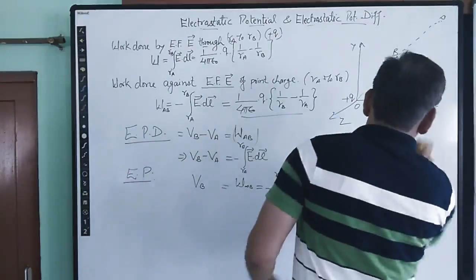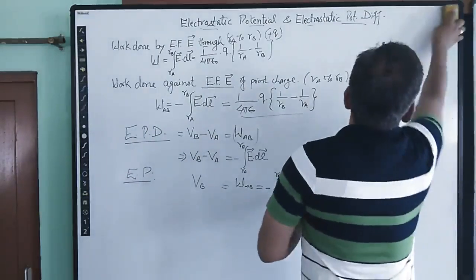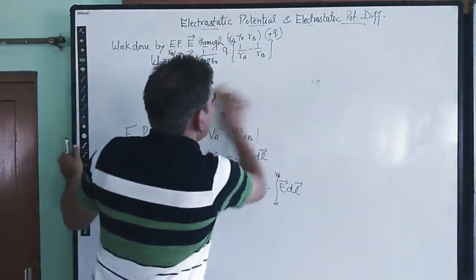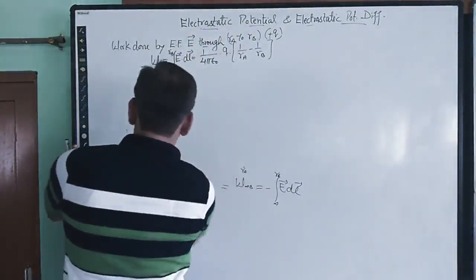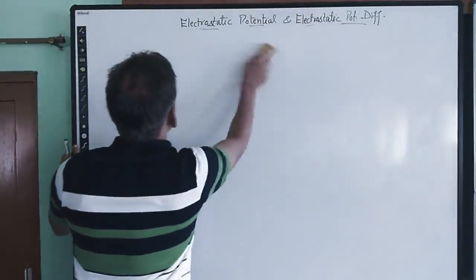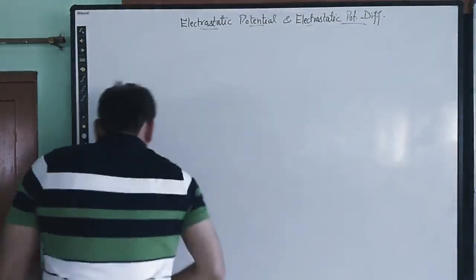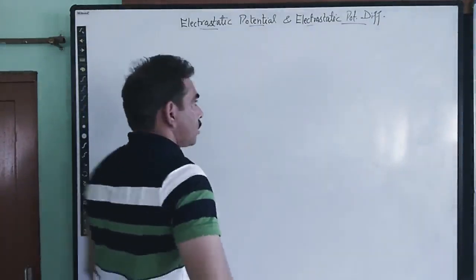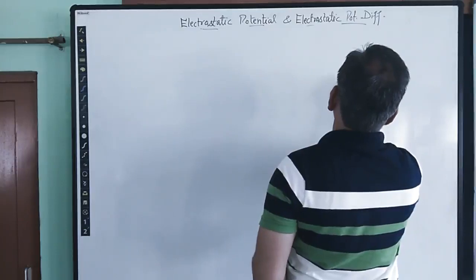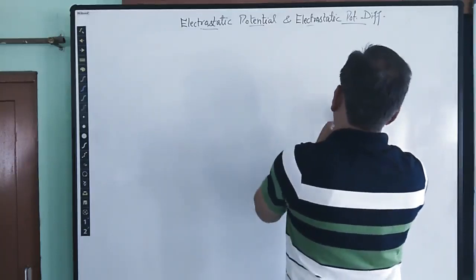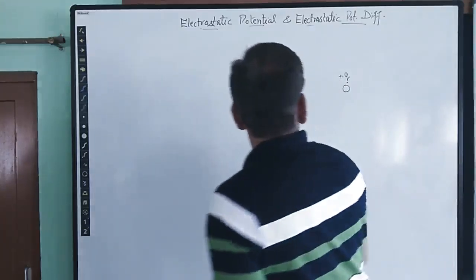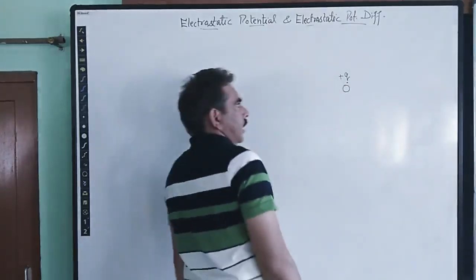So first we will take the expression for the electric potential difference. Suppose we have some charge plus Q at some position O. There is position O where this charge is lying.